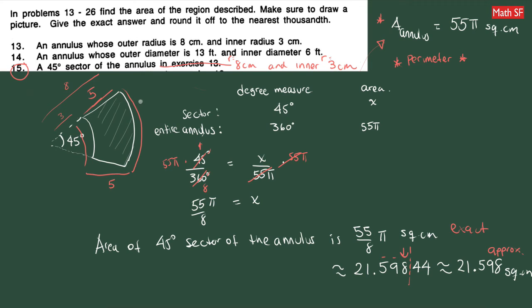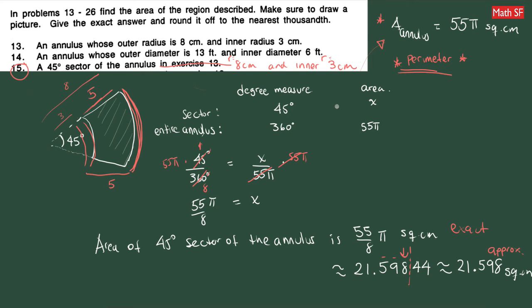Oh, but then I need to find the outer arc length and the inner arc length. So I might not have enough space to do that. So I'm going to erase this, and I'm just going to find the perimeter as a bonus problem here. I'm going to try to find the perimeter of this annulus. So let's do it again. I'm going to erase all of this and just find the perimeter of this annulus.